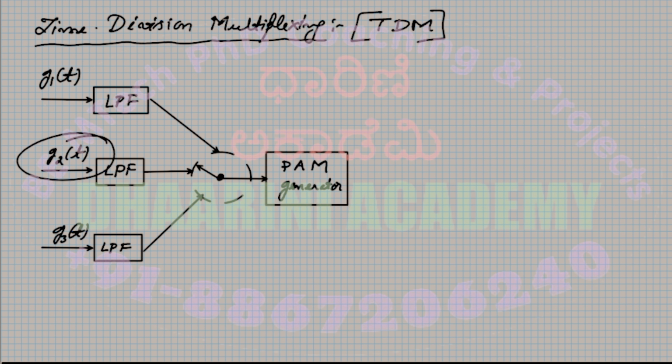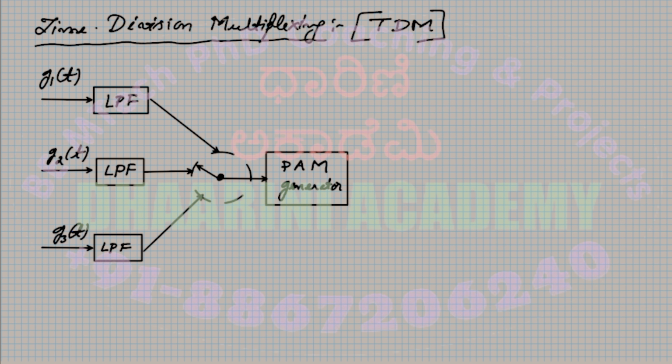So the second signal is being transmitted in the form of PAM using the complete infinite bandwidth. But this happens for a very short duration, not continuously. So it is okay. Then once the PAM signal is generated, we will make it pass through the channel.